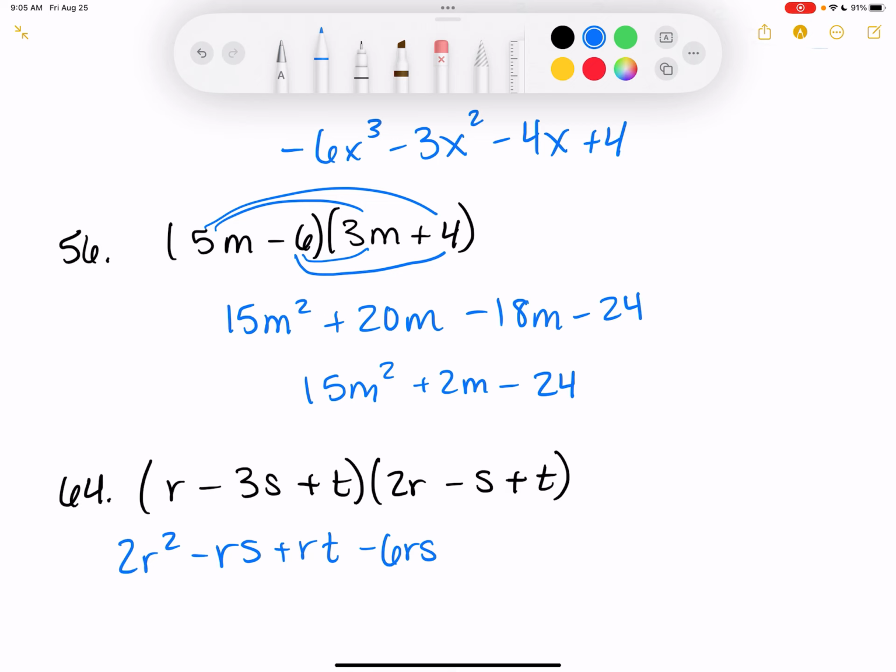Negative 3s times negative s is positive 3s squared. Negative 3s times t is negative 3st. So now I'm done with the negative 3s, so I just have to do the t. That's going to be plus 2rt minus st plus t squared.